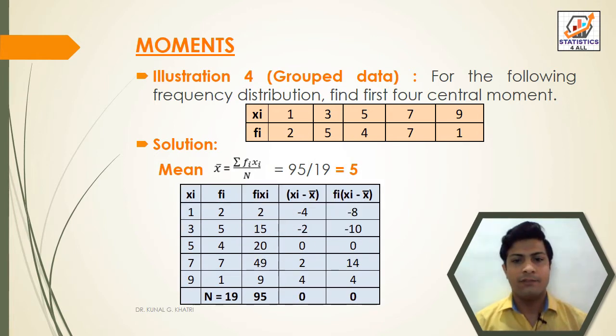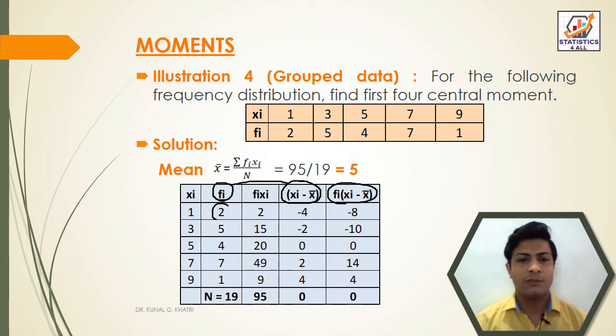After that, we'll find fi into xi minus x bar. We'll multiply this value into this. Here 2 into minus 4, that is equal to minus 8.